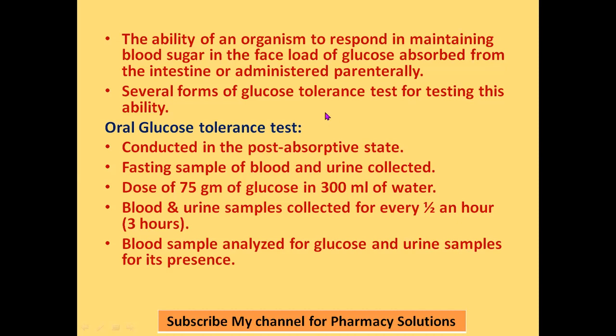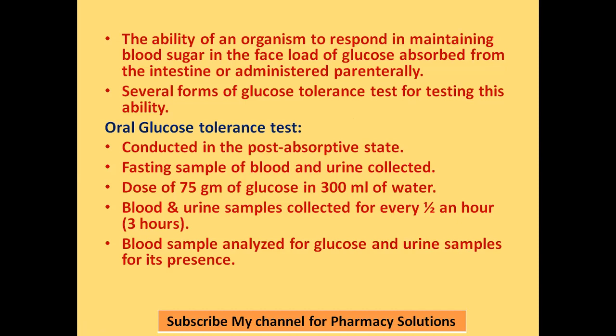Before doing this test on any person, you have to see that they are not taking any drugs that affect carbohydrate metabolism; such drugs should be discontinued for at least 2 days, because they will lead to wrong interpretations.